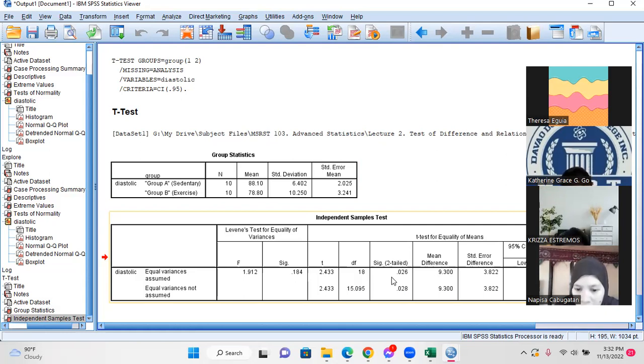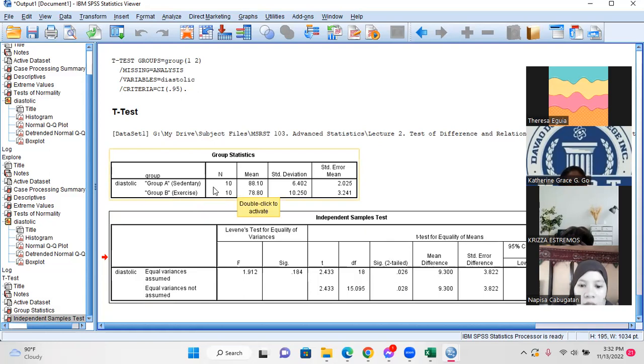So, naintindihan ninyo kung paano i-interpret? Ulitin ko ha. So, nakita ninyo yung mean score. Ito yung sa group statistics.